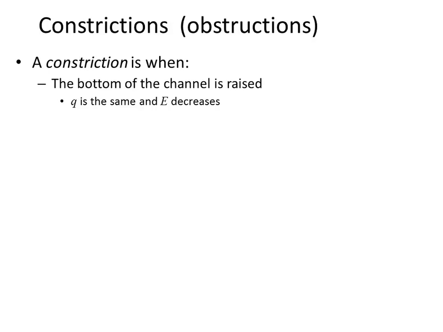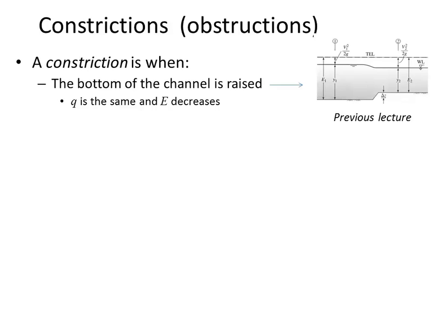Remember that a constriction is when you can have a step up, or the channel bottom raises. We've talked about this kind of constriction already. When a constriction happens like a step from a previous lecture, what occurs is that the flow per unit width, lowercase q, remember, is big Q divided by B. And having a step up doesn't change either of those things. It doesn't change the big Q, the flow rate. It doesn't change the width of the channel.